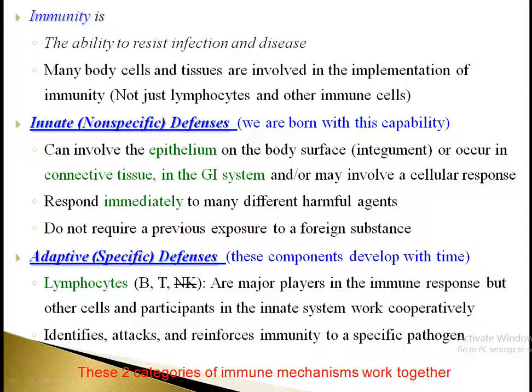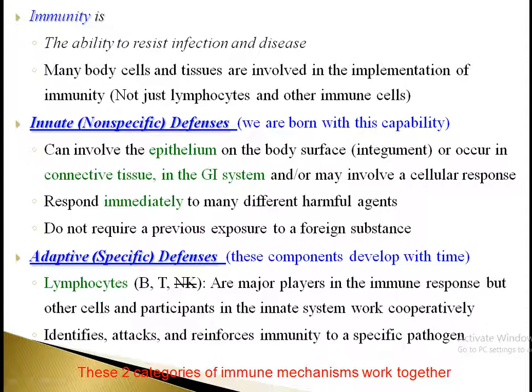Many body cells and tissues are involved in the implementation of immunity. Mainly we can say that some of this immunity is natural and some we acquire later on with the exposure to any harmful infective agent.